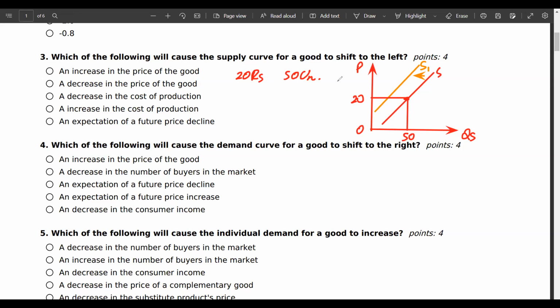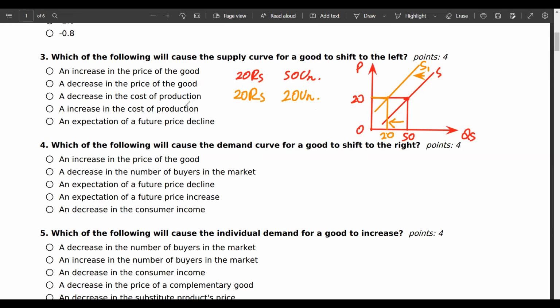Now, after the curve shifts, at that same 20 rupee price, if you go to the new supply curve, what has happened? A lesser quantity is supplied. Let's say that is 20. So at the same price, the producer is supplying fewer units. Price has seen no change, but the producer is supplying less.